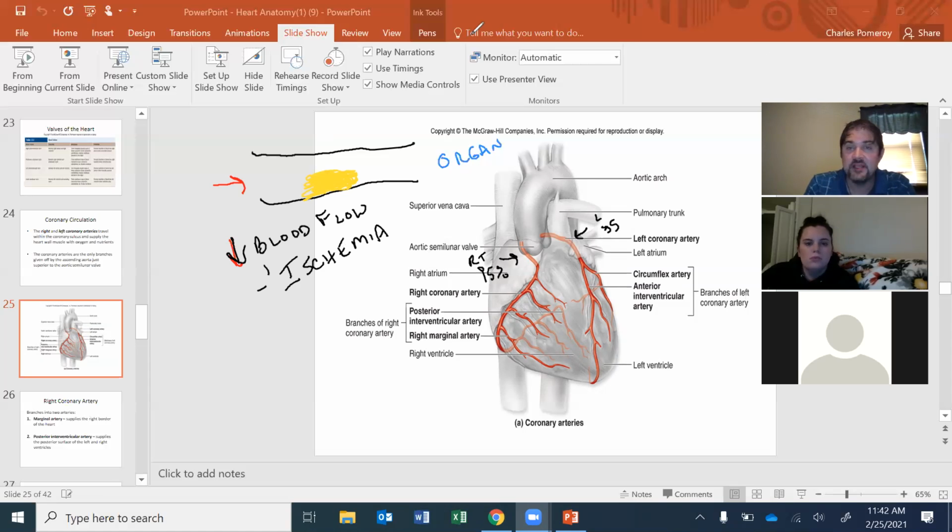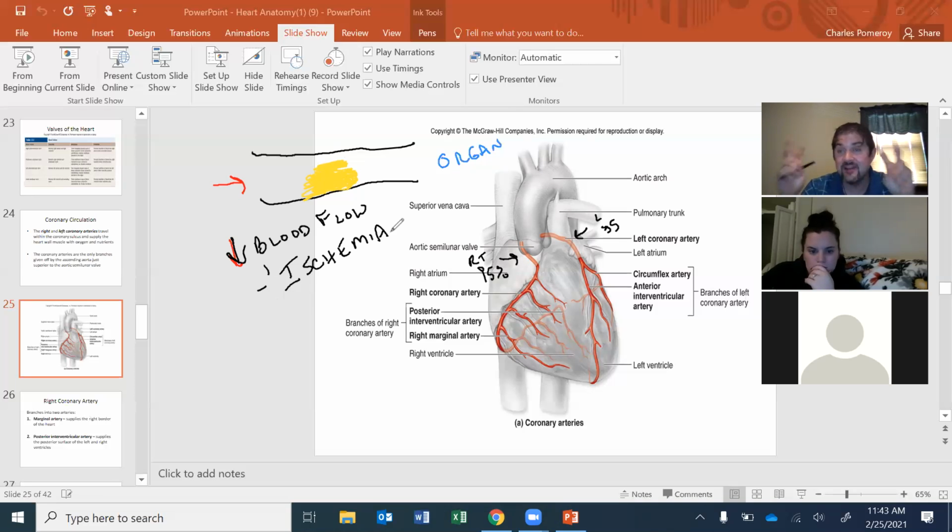Now, if that plaque continues to build and continues to build, imagine the organ is the heart. These are coronary arteries. When you get that plaque buildup, you can have symptoms of ischemia. And a lot of times you may not have any symptoms. This is what we call the silent killer, because some people's arteries are clogging up, but they don't have any symptoms.